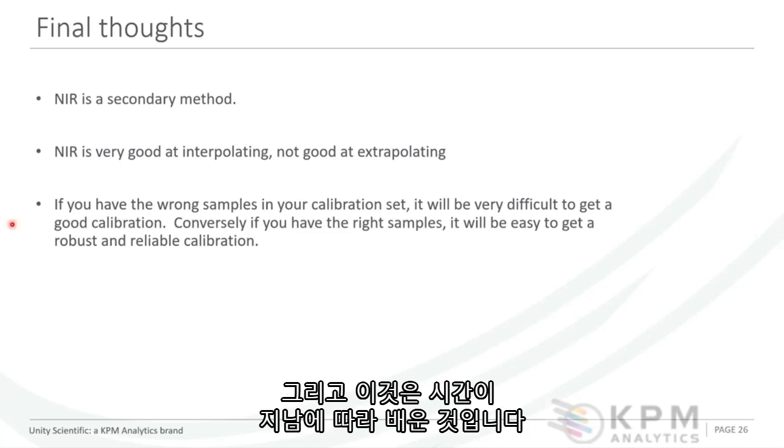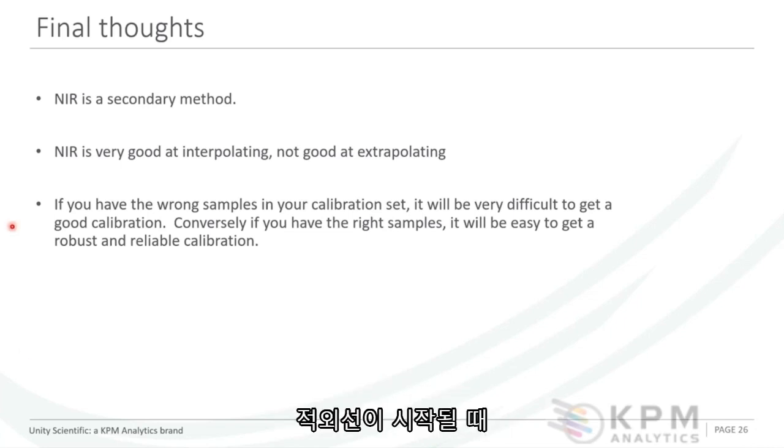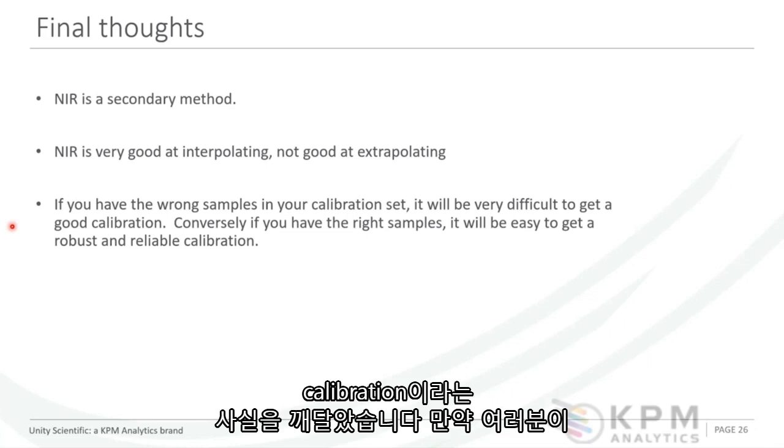This is just something that I learned over time. It seemed like in the beginning of near infrared, we were all fascinated with the math and the regressions, and computers were getting faster and things like that. But as time goes on, I've come to realize that the majority of the difficult part of making a good NIR calibration is finding the right samples.